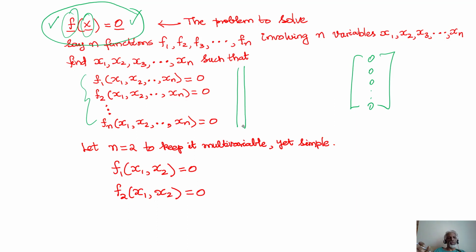So without going straight away into problems involving 4 equations and 4 unknowns or 40 equations and 40 unknowns, we will just do the development based on n is equal to 2. So we're going to consider a system of 2 equations in 2 unknowns. This helps us to look at multivariable systems because with 2 unknowns, you get into the multivariable world, right?